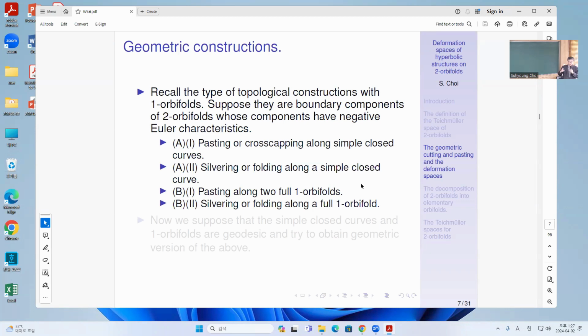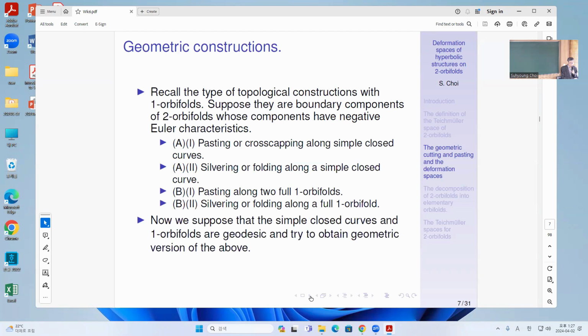And folding just means that you glue by an involution fixing a point in the segment. This will introduce a cone point of order 2, and then the other one will just become a silvered edge, a silvered point ending at a boundary component of silvered edge, right? Those are the topological constructions, and now we can talk about the geometric version of this.